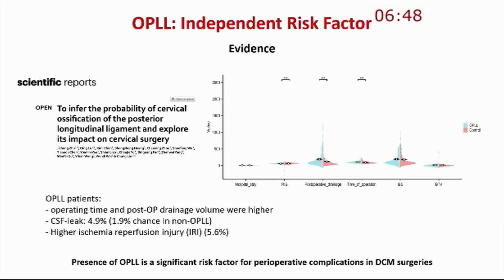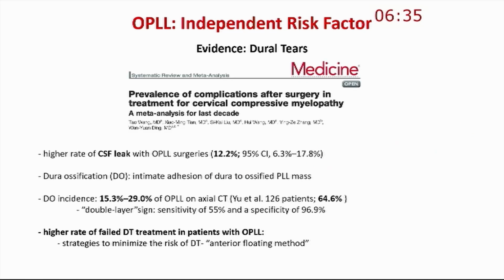This study shows that the presence of OPLL is a significant risk factor for perioperative complications like operating time, post-op drainage, CSF leak. Again, CSF leak is higher in OPLL surgeries.